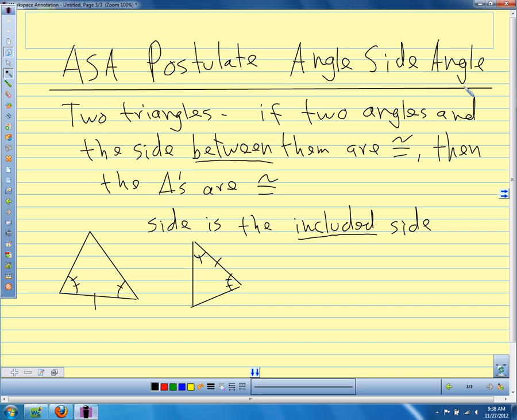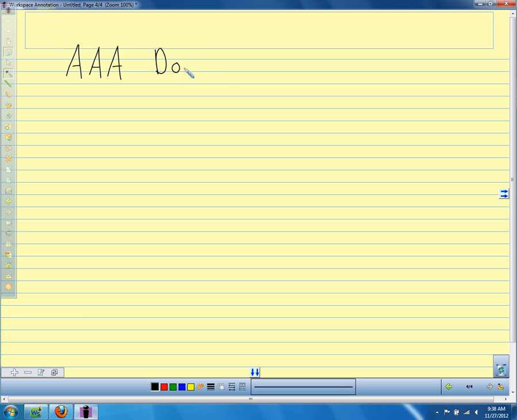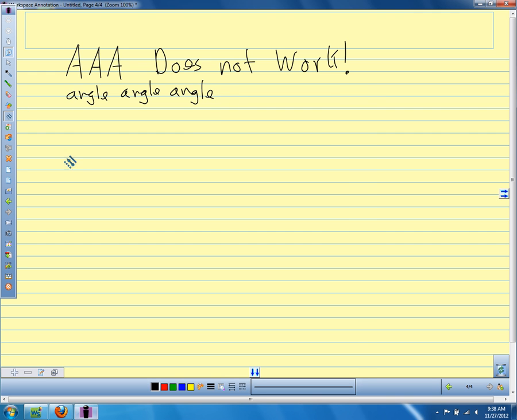All right, there's one that I want you to add, not a bubble for, but just a little note on your graphic organizer. Angle, angle, angle does not work. And the reason it doesn't work, just a quick picture.